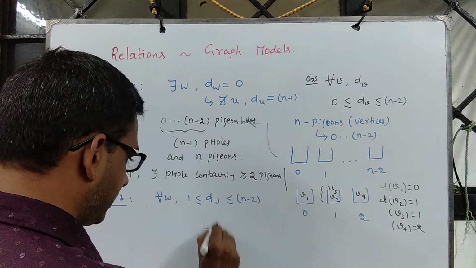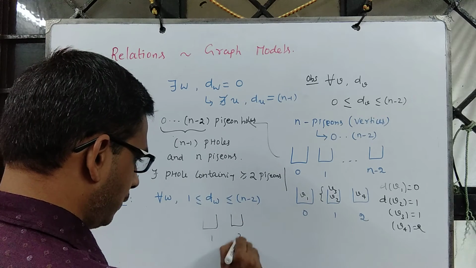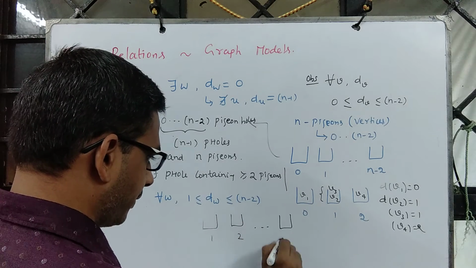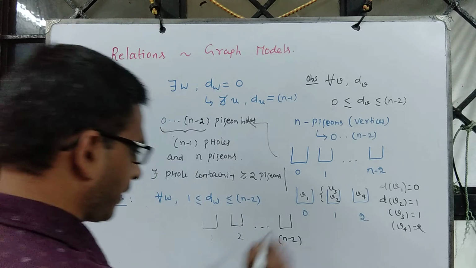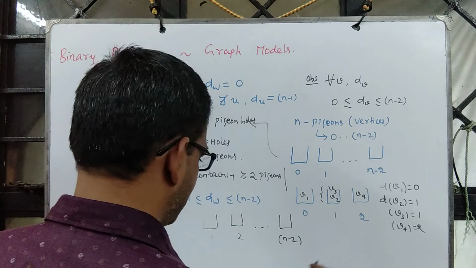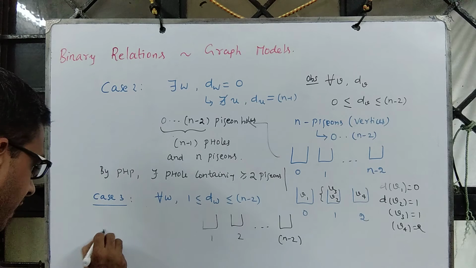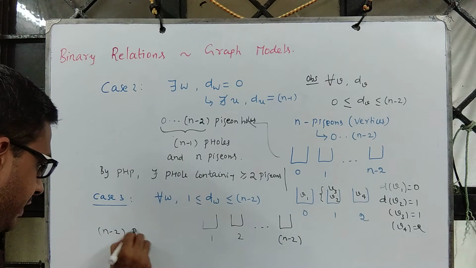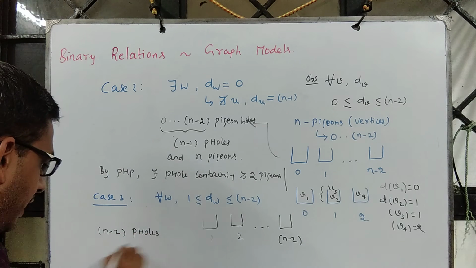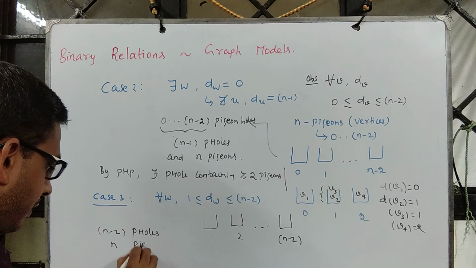Now the range is 1, 2, so on up to n minus 2. Now 1 to n minus 2 is n minus 2 PGN holes, and you have n PGNs.